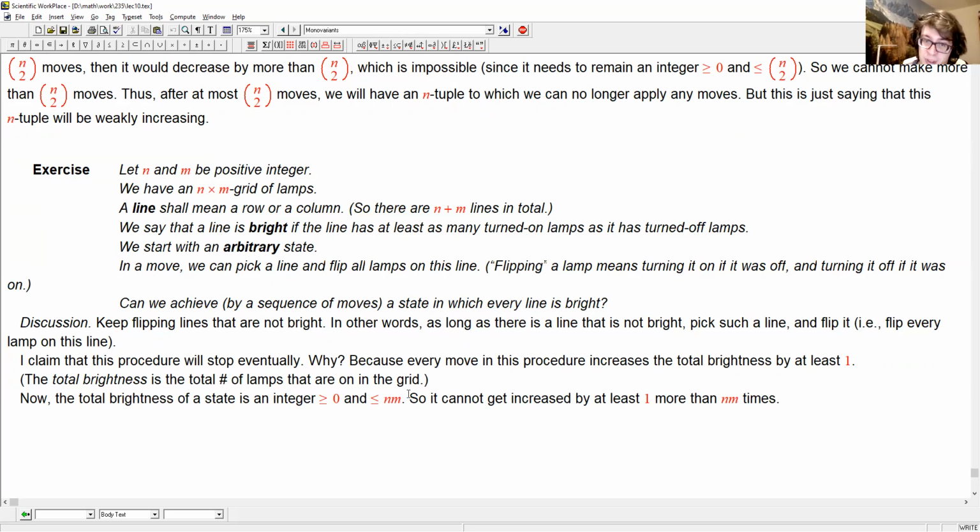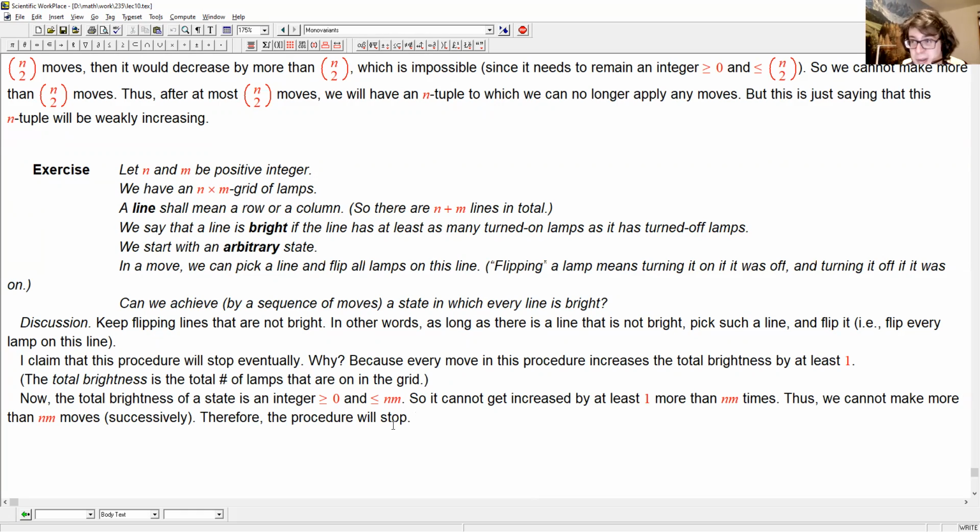It would just go above nm if it did. Thus, we cannot make more than nm moves sequentially, of course, so successively. And therefore, the procedure will stop. And fairly quickly, as such algorithms go, after nm moves at most.